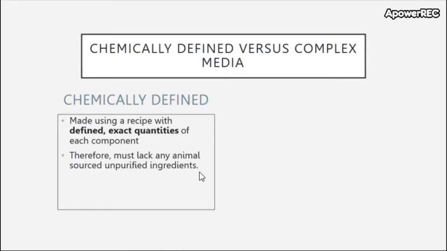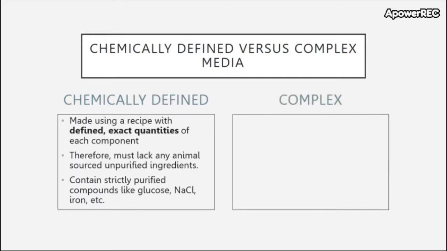So instead of using some sort of protein extract from an animal, it would just be this amino acid and that amino acid and the third amino acid in this concentration for each one, added individually. And it contains strictly purified compounds like glucose and table salt, NaCl, iron, etc.